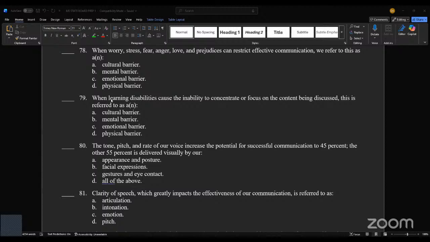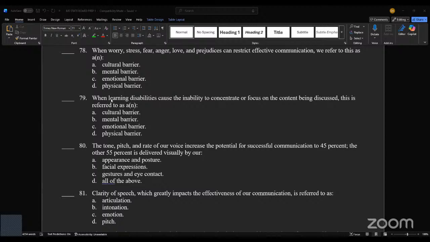79, when learning disabilities, we said 79 was B. 80, tone, pitch, 55% is delivered visually by our appearance and posture, facial expression, gestures, and eye contact, all of the above. 80 is going to be all of the above. Now, this question is asking, the other 55% is delivered visually by our blank.